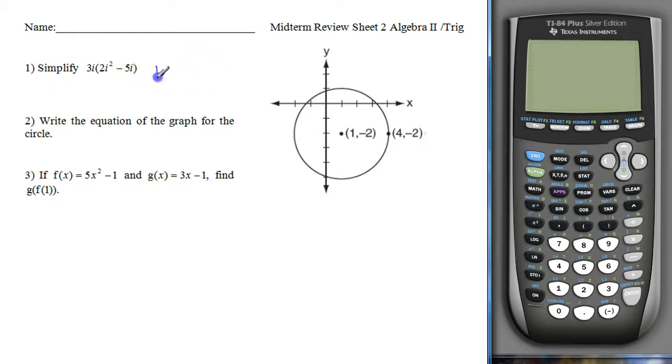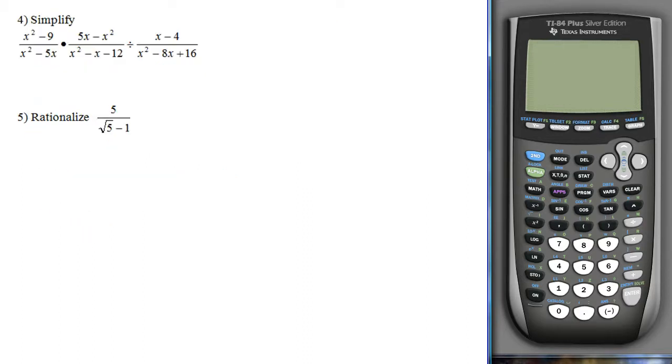So number 1, the answer was 15 minus 6i. Number 2, x minus 1 squared plus y plus 2 squared equals 9. Number 3 is 11. Number 4, negative parentheses x minus 3, or you could distribute: negative x plus 3.